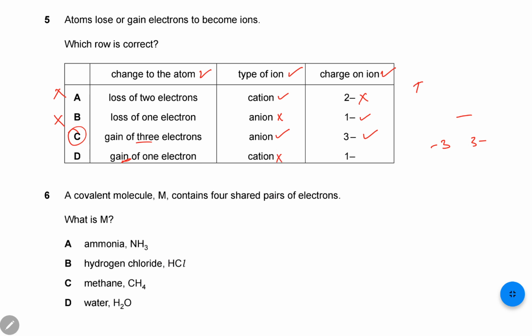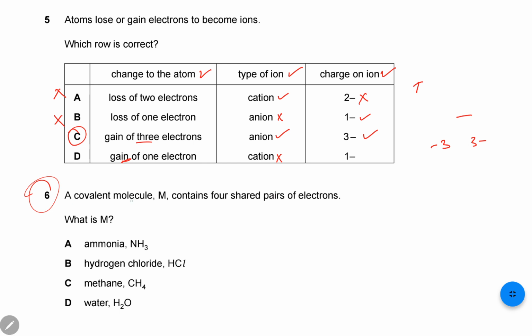The last question which I'm going to give is a bonus question. It says a covalent molecule M contains 4 shared pairs of electrons. What is M? Ammonia, hydrogen chloride, methane, water.